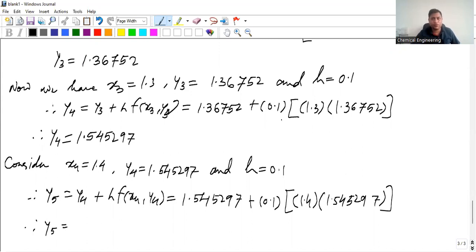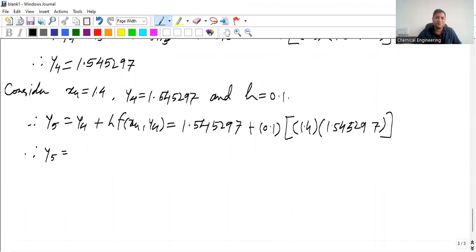So give me the value of y5. The value of y5 you are getting is 1.761638.